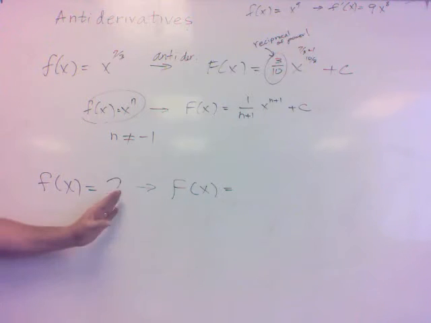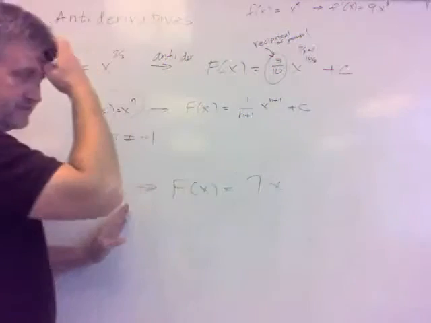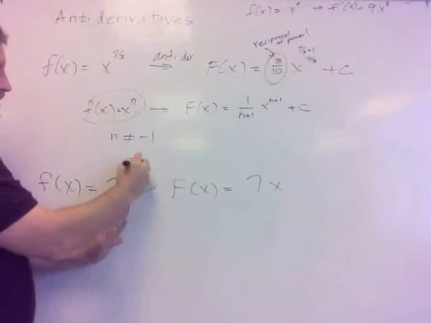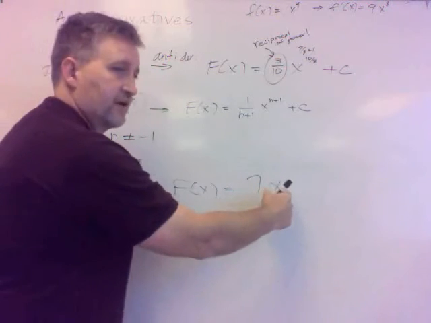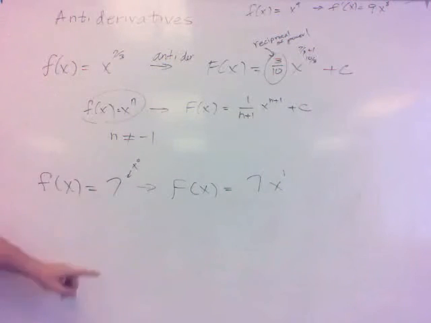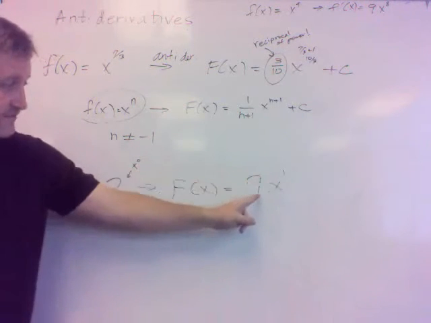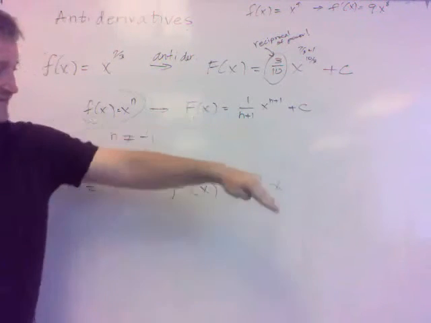If I wrote in x to a power, it'd be x to the 0 power. So if I could write in an x to the 0 power, what would this power now be? It'd be x to the 1, wouldn't it? Because you just add 1 to that power, you get x to the 1. And then, of course, you divide by 1, so it's just 7x.